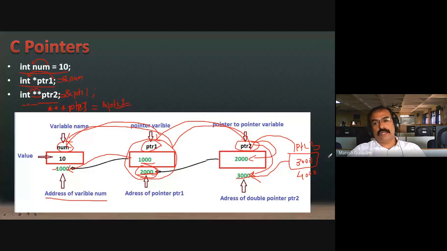I can have these kinds of pointers because every pointer is a variable. Hence, we have a pointer variable, a pointer to a pointer variable, a pointer to a pointer to a pointer variable, and so on. That is double pointer, triple pointer, four times pointer. That's the way it is used.